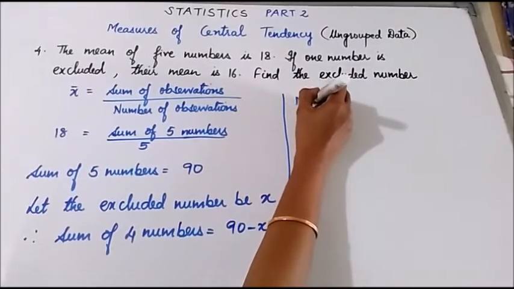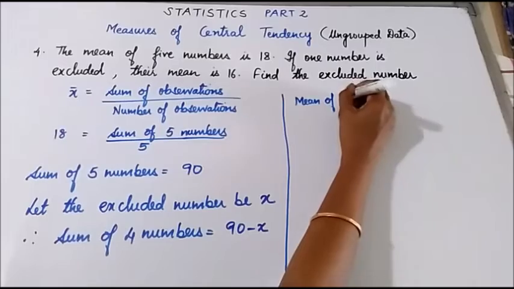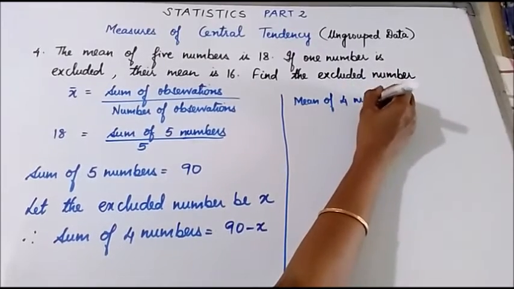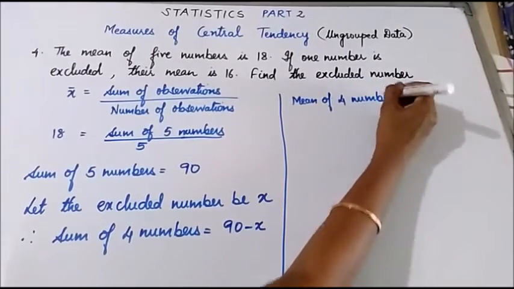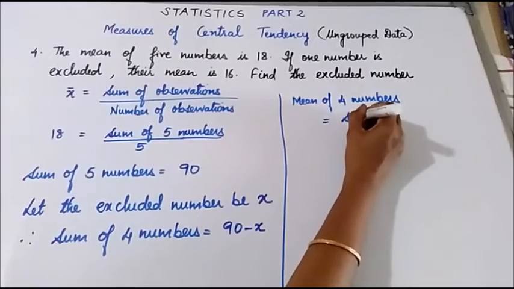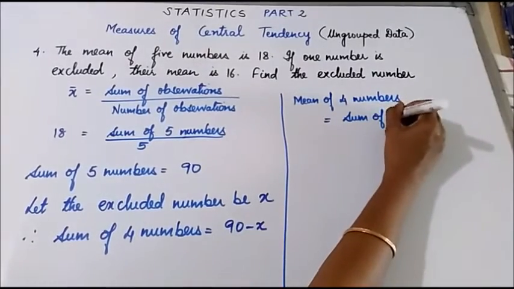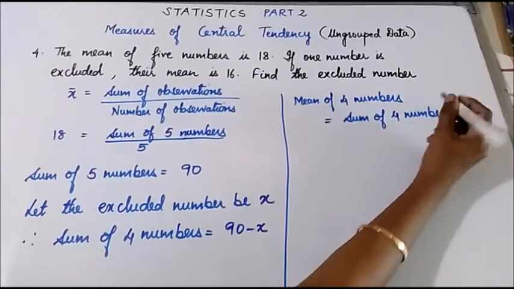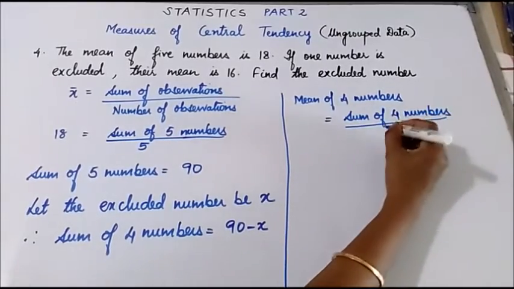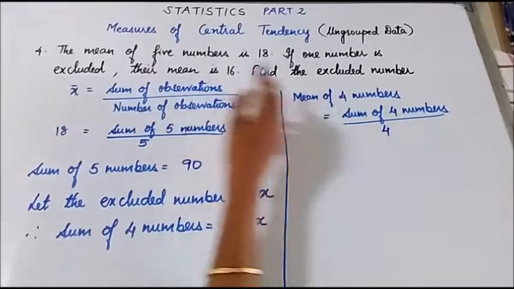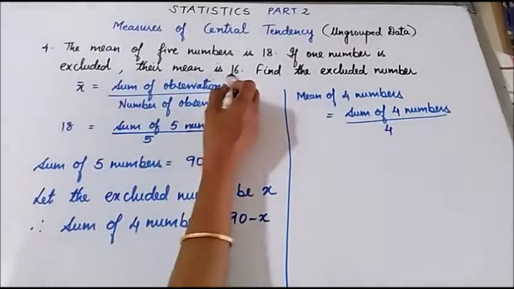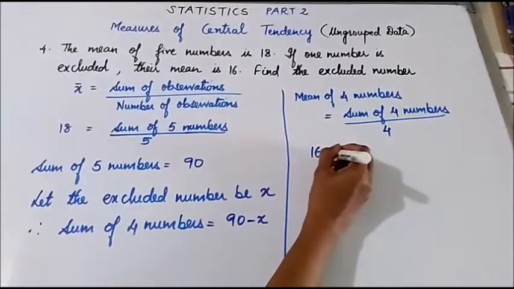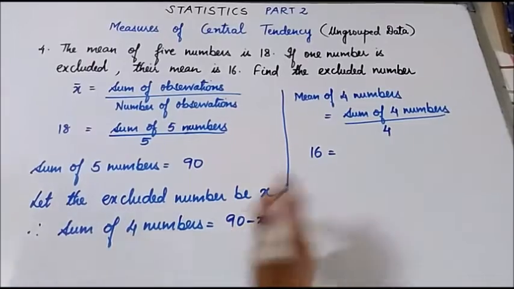Now we have to find the mean of 4 numbers. Mean of 4 numbers is equal to the sum of 4 numbers divided by 4. Now the mean of 4 numbers, it is given, is 16. So 16 is equal to, and the sum of 4 numbers we got 90 minus x.